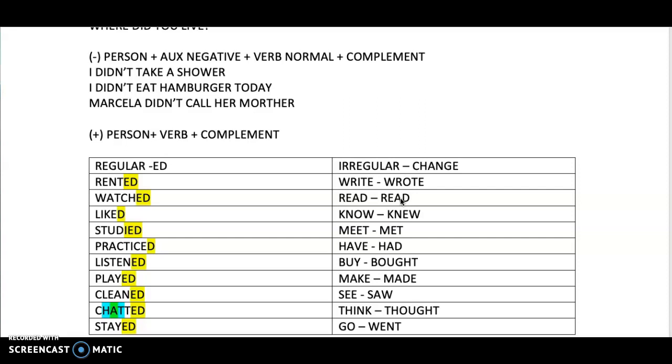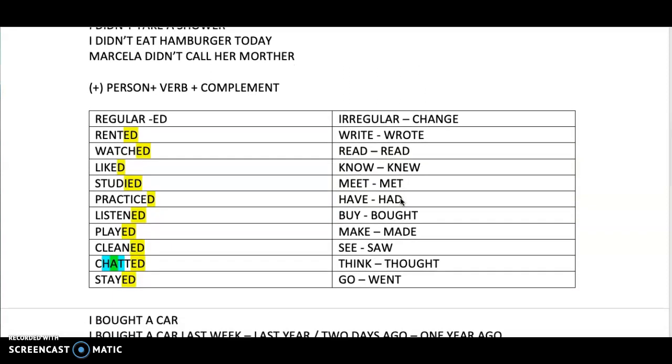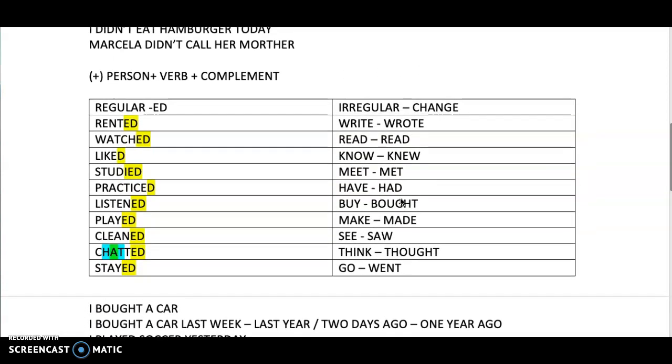Now, I want to point out these verbs. So we have rented, watched, liked, studied, practiced, listened, played, cleaned, chatted.